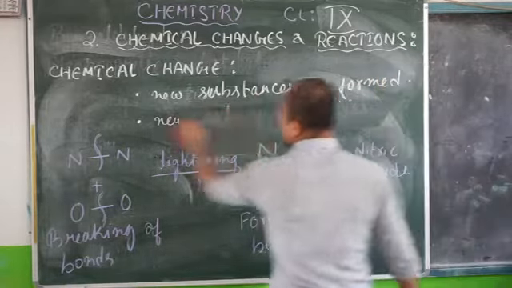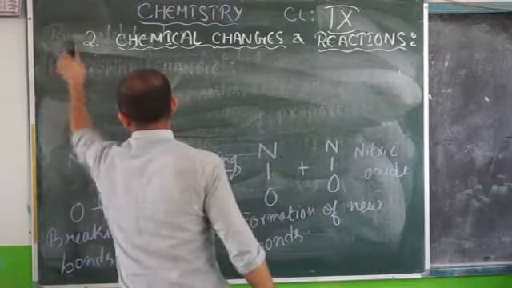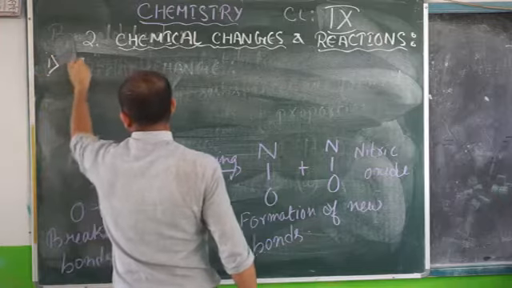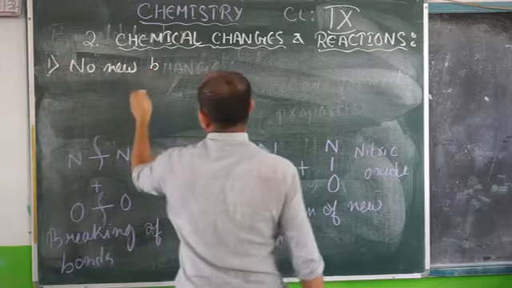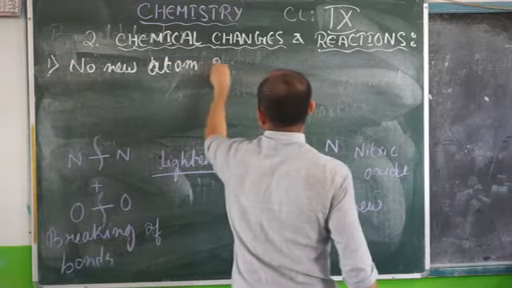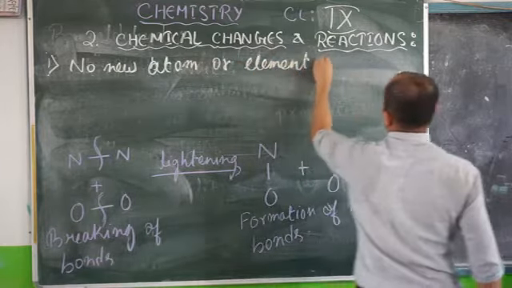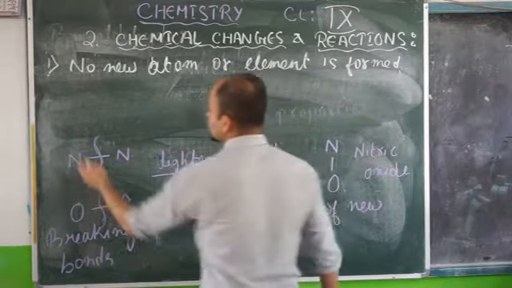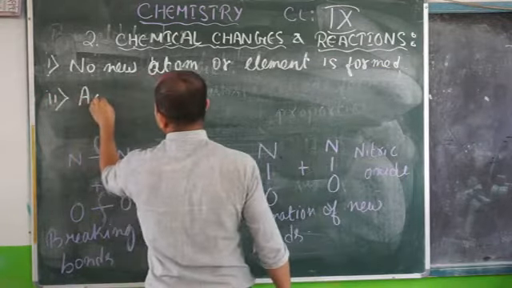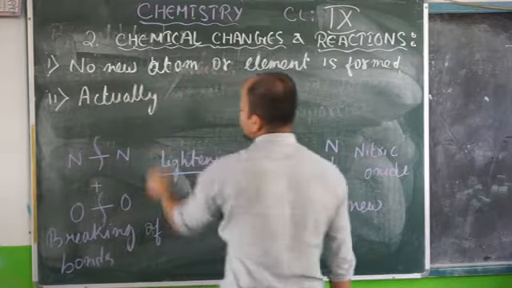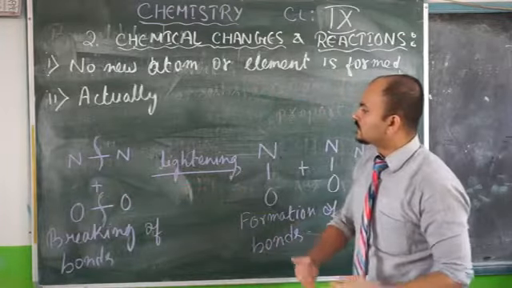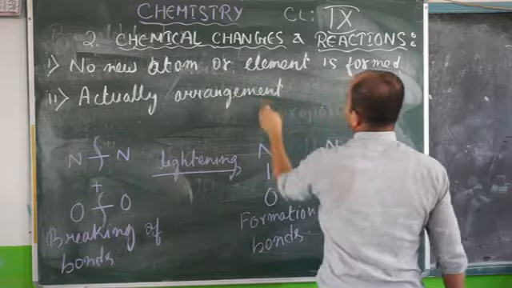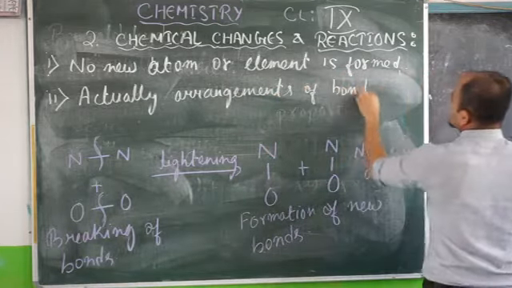So we can conclude that in a chemical change, no new atoms or elements are formed. Actually, arrangement of bonds takes place.